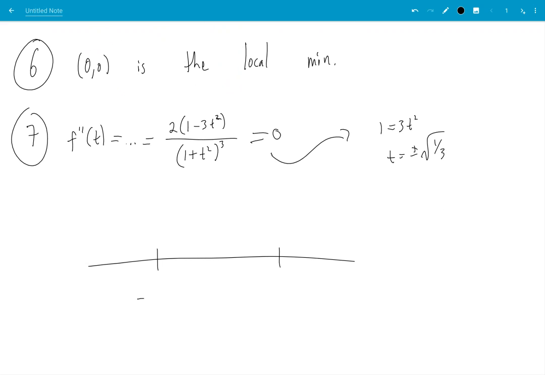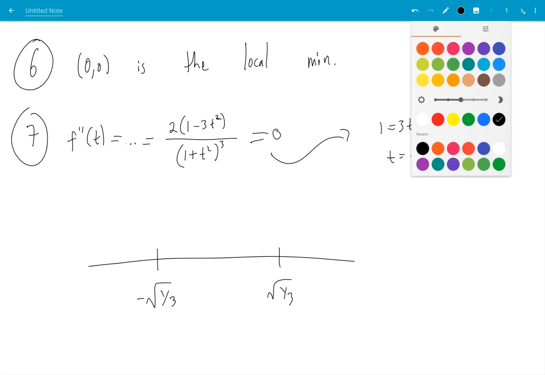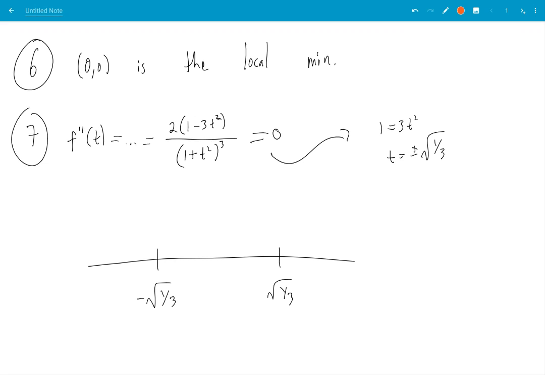Put that on a number line. Test points. So plugging in, say, 0 in here gives me positive on top. The bottom is always positive. And then I'm going to guess these are both minuses.